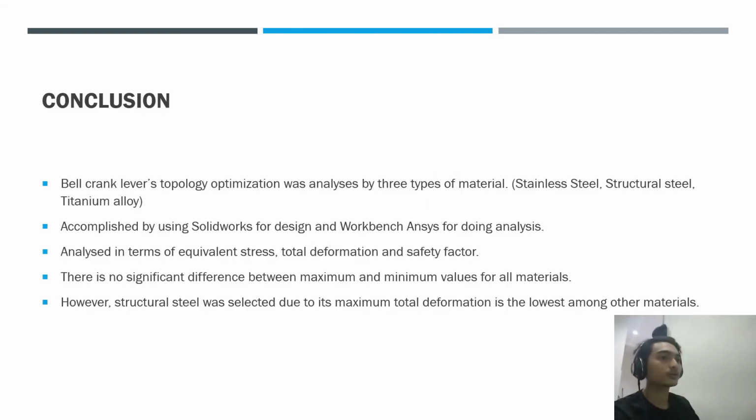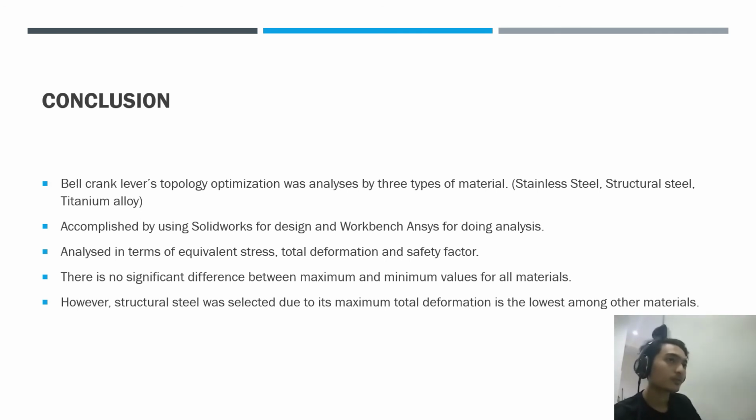So for the conclusion, this background level topology optimization was analyzed with three types of material, which are stainless steel, structural steel, and titanium alloy. This was accomplished by using SolidWorks for design and Workbench ANSYS software for analysis.